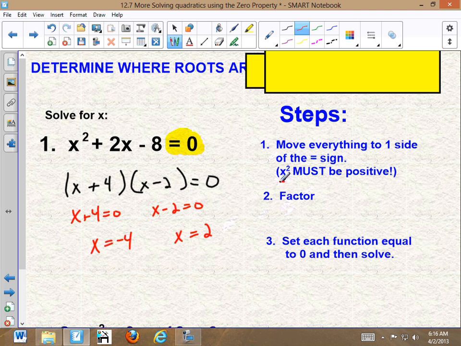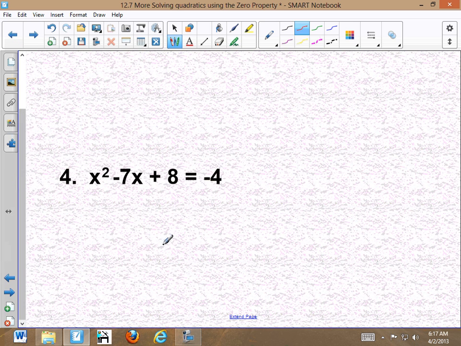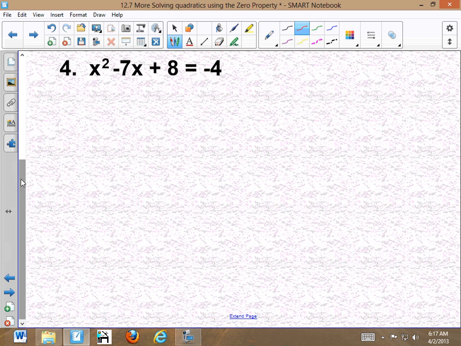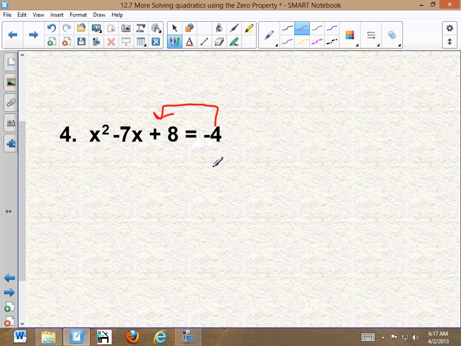Remember, your x squared must be positive, and your equation must be set equal to 0. These three are set equal to 0, and my x squared is positive, but look at 4. 4 is not set equal to 0, so I have to set it equal to 0. How do I get this negative 4 over here and set it equal to 0? That's right, I add 4 to both sides.